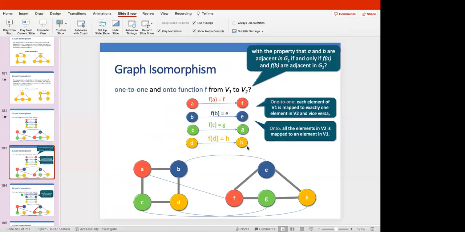So essentially, let's say we have another vertex here, vertex I, and we connect it to H. Okay, so basically we have to add another vertex in V2 and we name it I. However, this vertex I in V2 is not mapped from any vertex in V1. Okay, so we can say that the function is not onto, because this is the definition of onto. All the elements in V2 must be mapped from an element in V1, right?